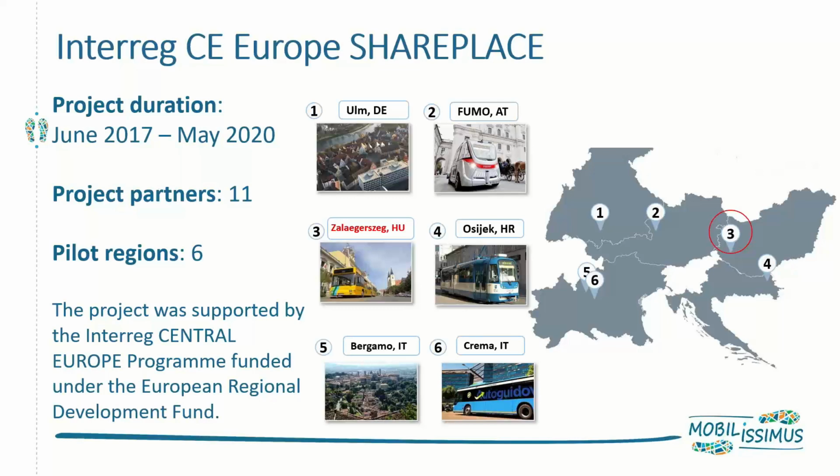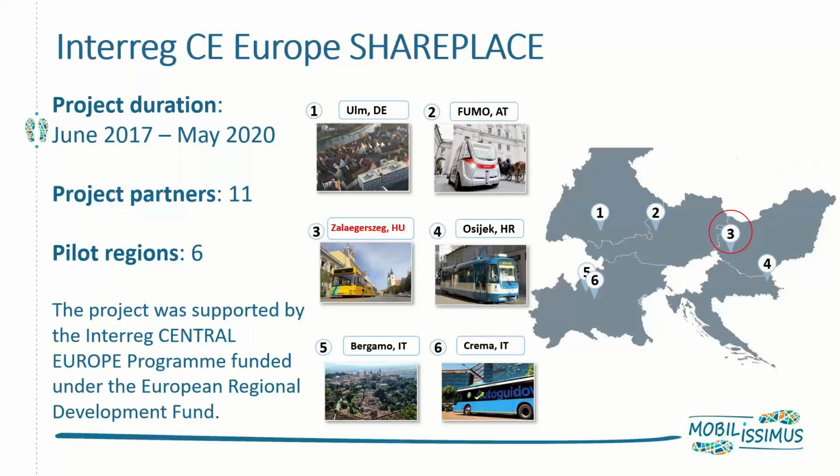The first one was digitalization in Ulm and in the city of Osijek: a multimodal transport data platform has been developed within the project, applying the living lab principles, so engaging stakeholders in the construction of these kinds of tools, which are the basis on which mobility as a service can grow and be implemented.